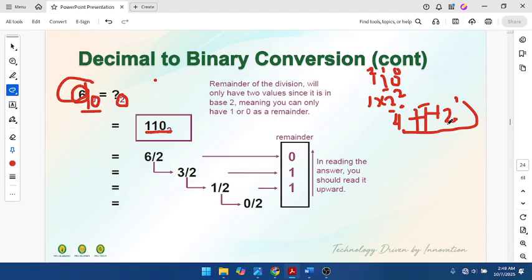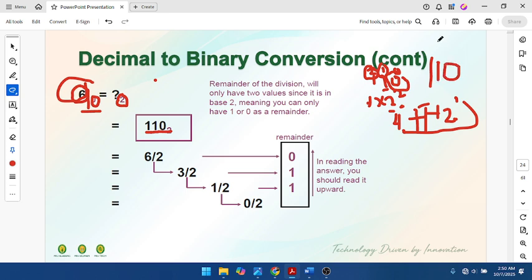Kasi when we compute this base 10, for example, first digits, for example, 210. Kung titingnan natin itong first at saka second digit, since magko-convert po siya hanggang 6, so at first the last part is 0. So, the answer is 110.